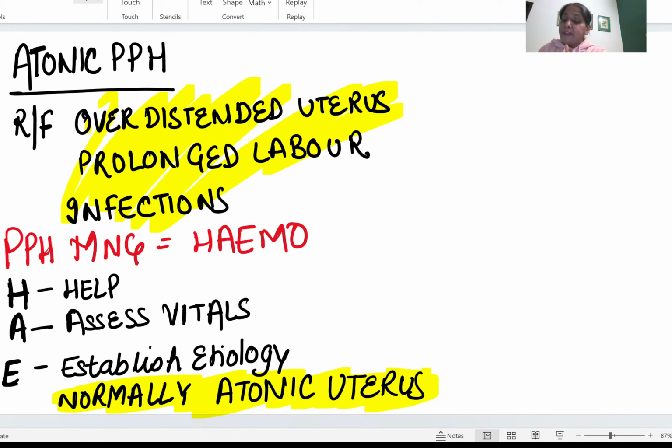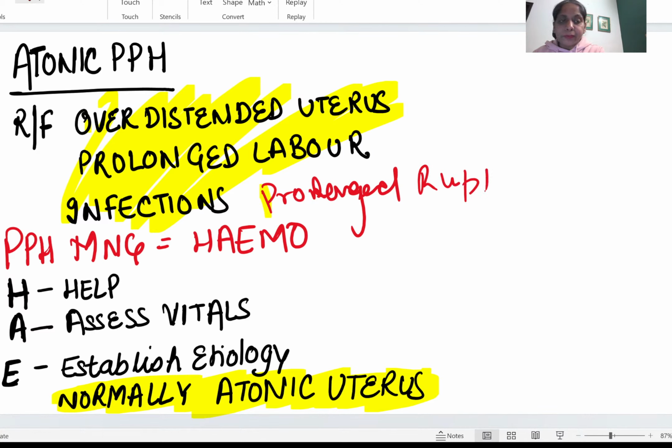Then there are infections, and because infections always change the physiology, it leads to non contraction of the muscles. So if there is a prolonged rupture of membranes, can you tell me what has happened to Shahjahan's wife?